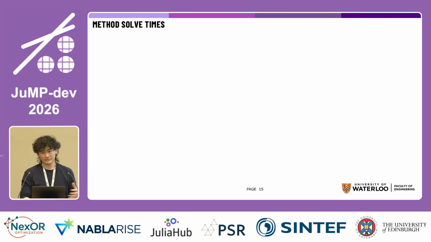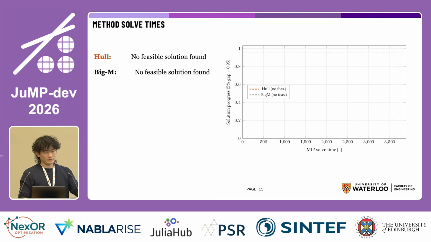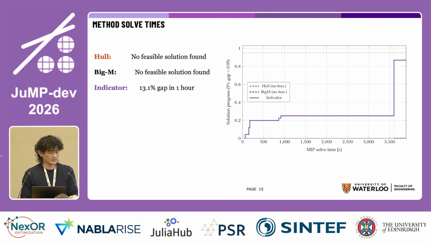In terms of solve time for each of the reformulation methods, it changes wildly. The loosest and the tightest versions of the MIP relaxation don't give you a feasible solution for this problem within the hour wall time that I set. But the nice thing is we have something called indicator, which I didn't go over. It gives you a 13% optimality gap in the hour.